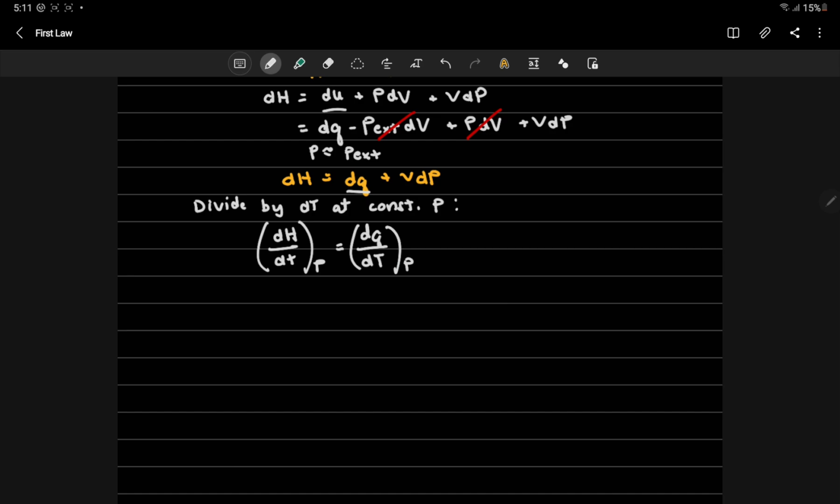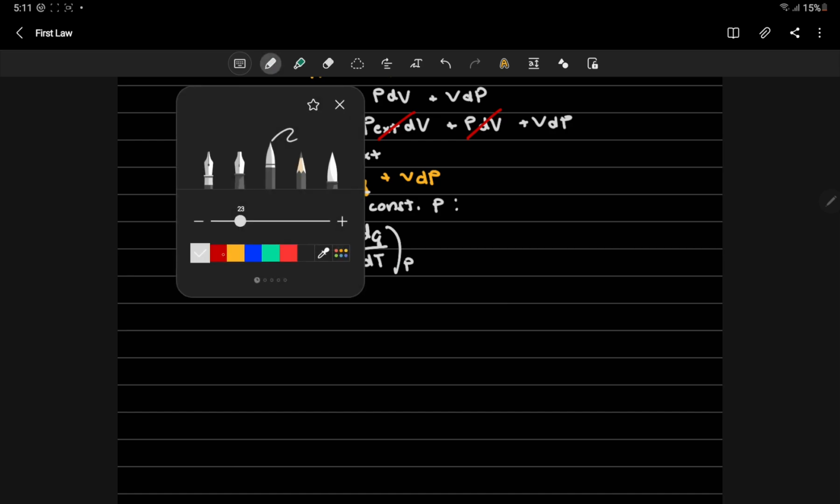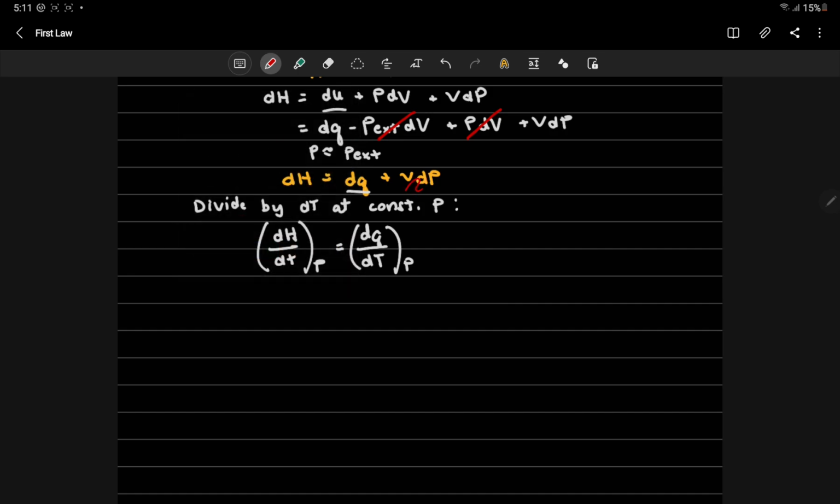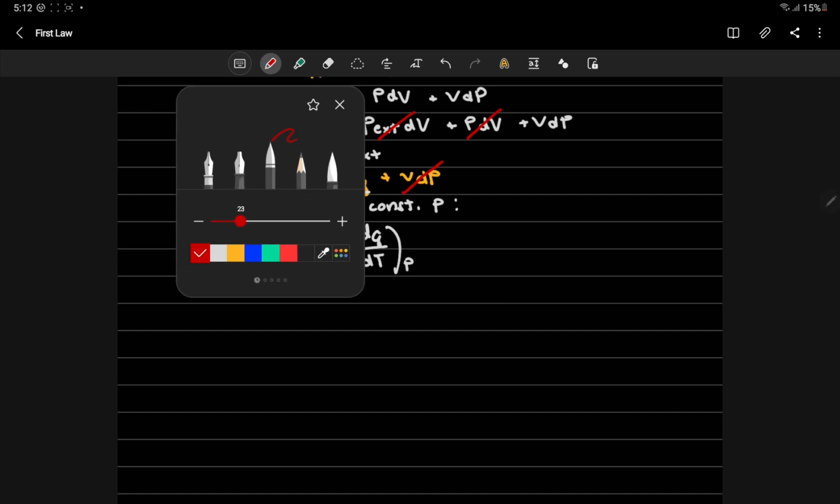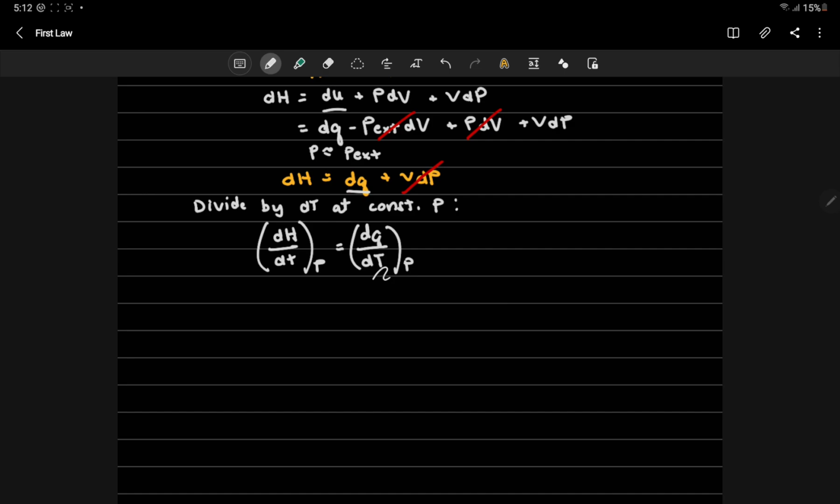Now, since I'm doing that at constant pressure, this term will vanish. dP will be equal to 0 because we are at constant pressure. Pressure will not vary. Now look at this term, dQ over dT at constant P. A change in temperature also means a change in heat, this time at constant pressure. So therefore, that is also a heat capacity, and we will call it Cp, because Cp this time is our constant pressure heat capacity.